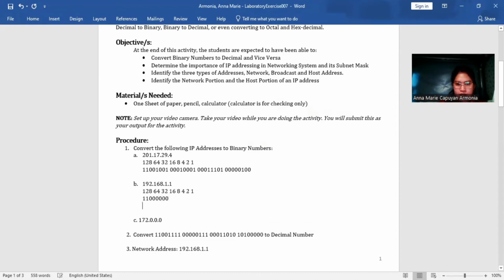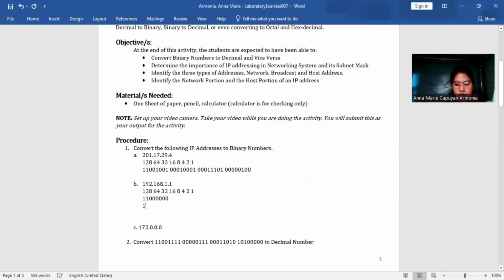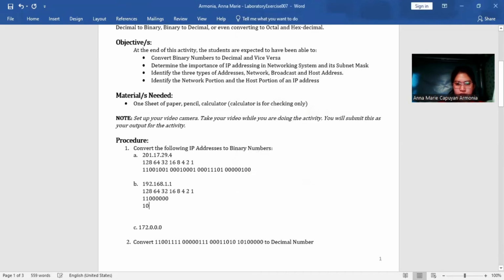And then for 168, of course, it can be: 168 minus, again, our 128, meaning 1. But then 64 cannot be subtracted from 40, so let's put 0 here.